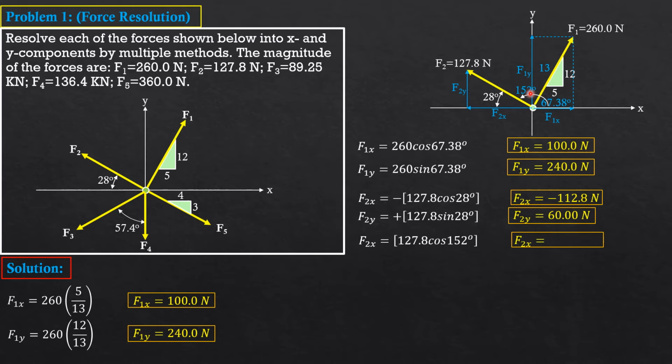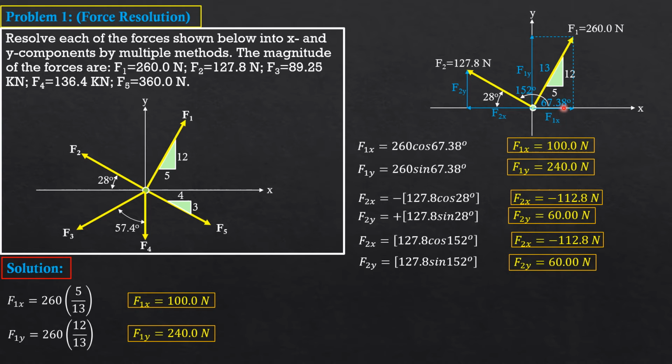So it will give us negative 112.8 newtons. Then F2y is 127.8 sine of 152. So F2y is equal to 60.00 newtons.